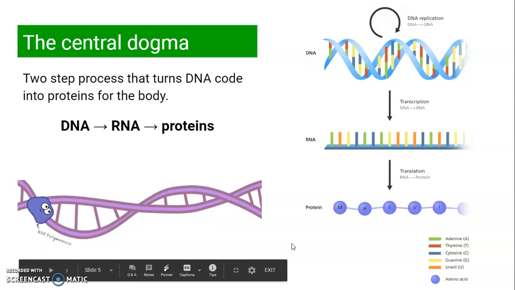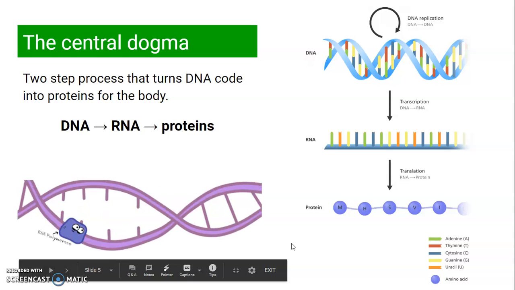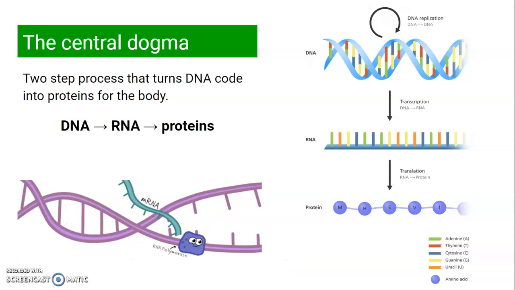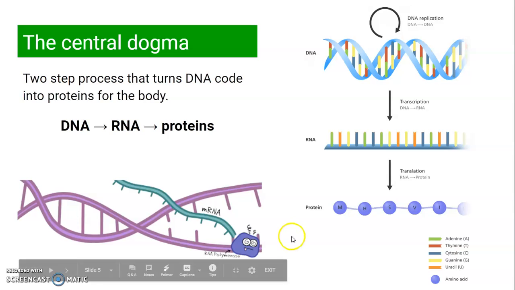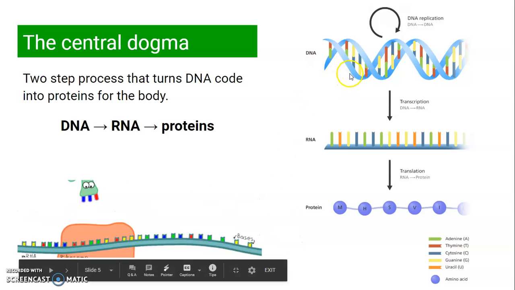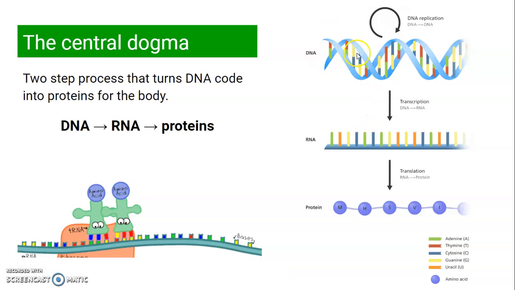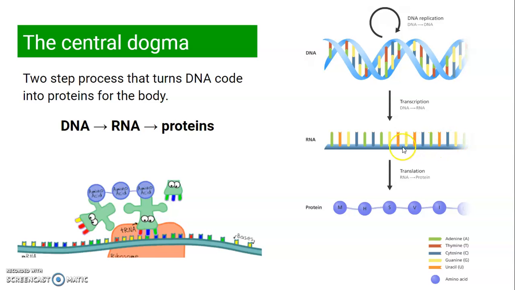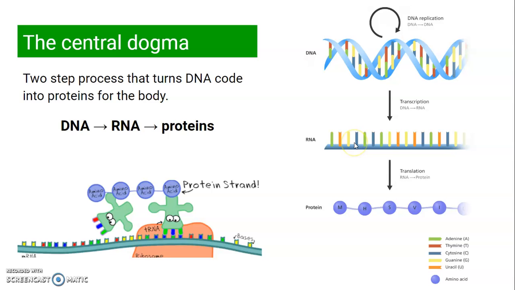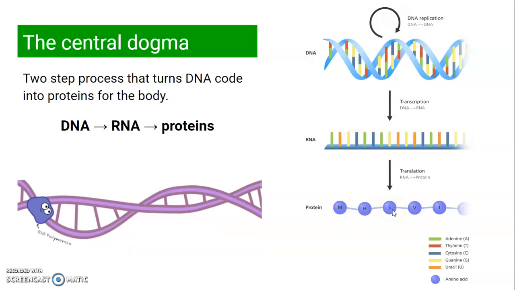I don't want to get too deep into this, because it's not really that essential for this unit just yet. So we have DNA being transcribed into RNA, which is a single-stranded piece of genetic material, and then that RNA code is being read and translated into a set of amino acids being put together by your ribosomes.